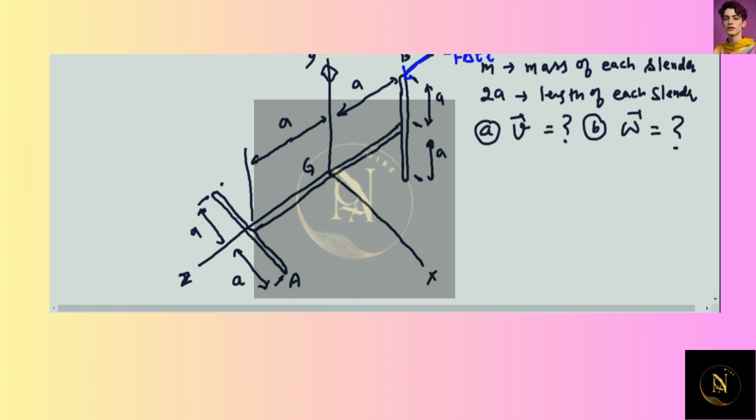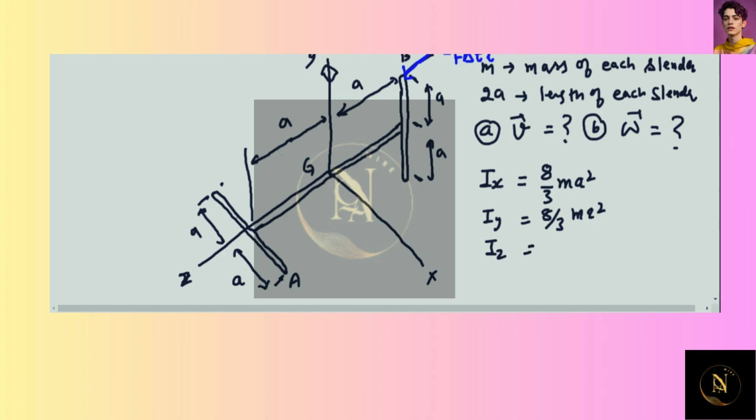Let us see here. First, you can write the moment of inertia of the composition. Already we have calculated this in the previous question, so I am writing it directly. It will be 8 by 3 ma square along the y-axis, 8 by 3 ma square, easily you may compute, and already we have done it in the previous chapter and previous problem also.